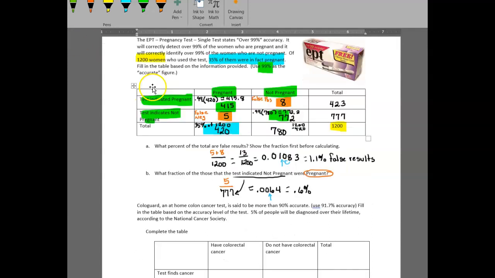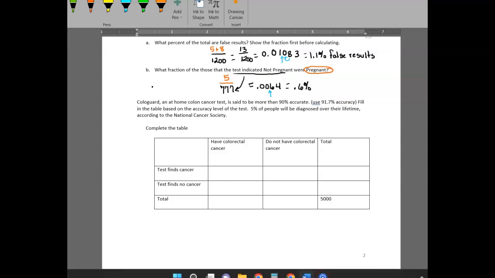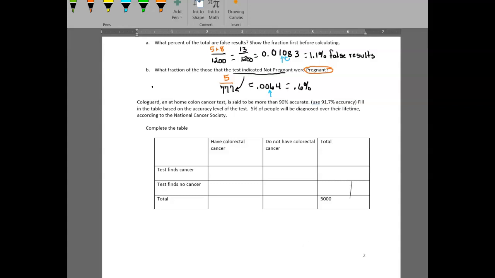Let's look at another example. The Cologuard, which is an at-home colon cancer test, is said to be more than 90% accurate. And we're going to go ahead and say that it's 91.7% accurate. We're just giving a number greater than 90%, and that's just stated for us. So we know that 5% of people will be diagnosed over their lifetime.